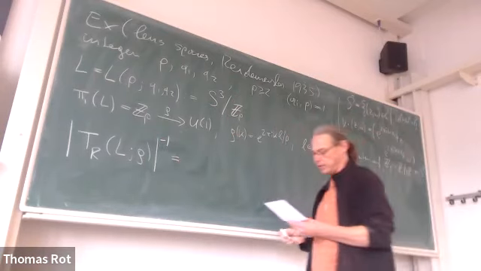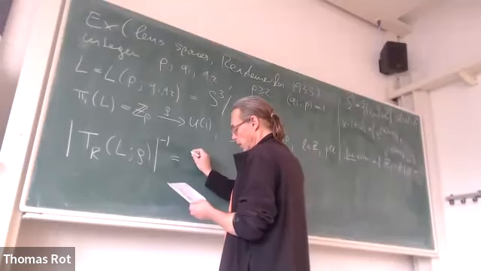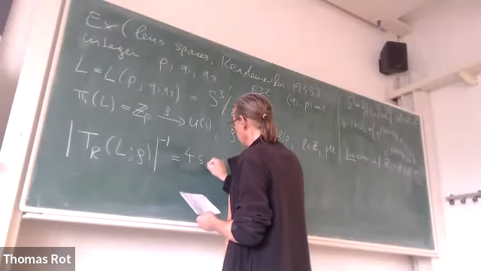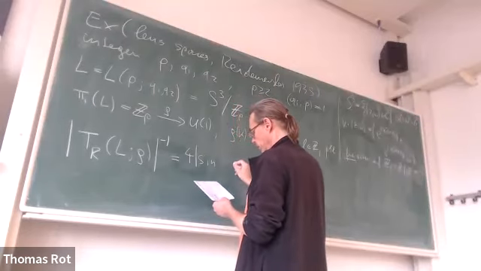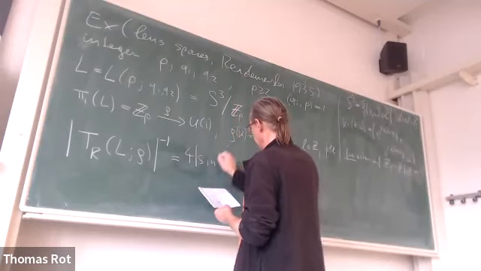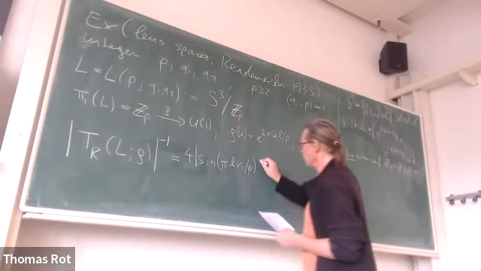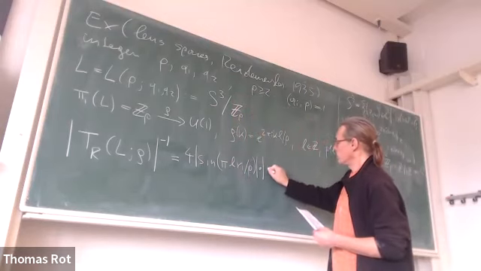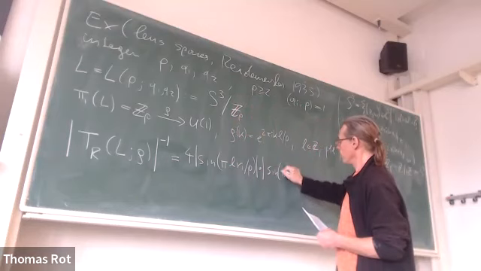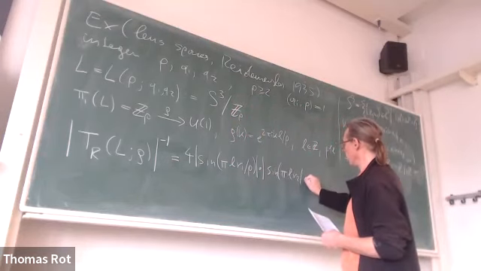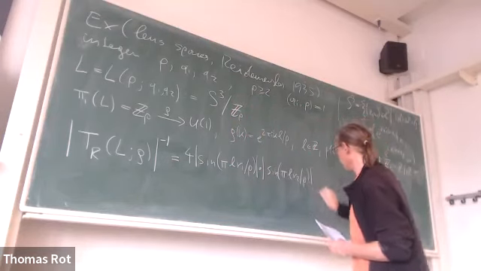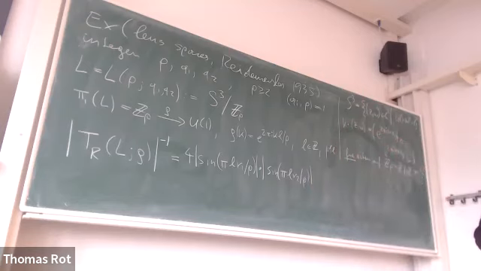And what you get is 4 times the absolute value of sine of pi l r1 over P times sine of pi l r2 over P. So what are r1 and r2?